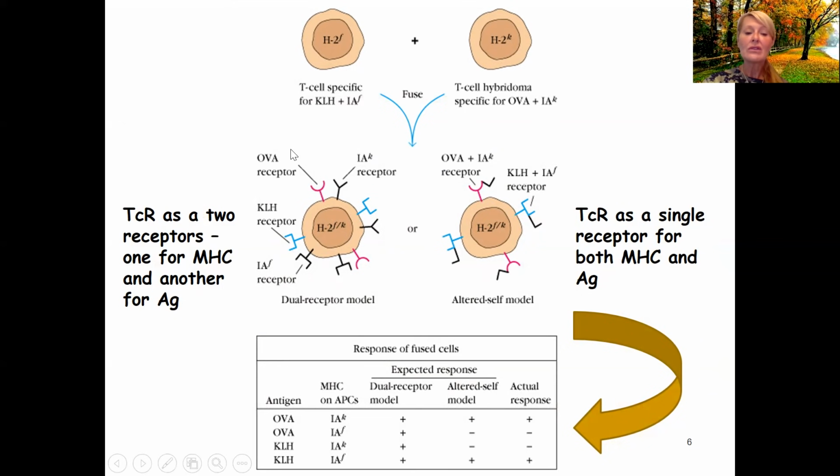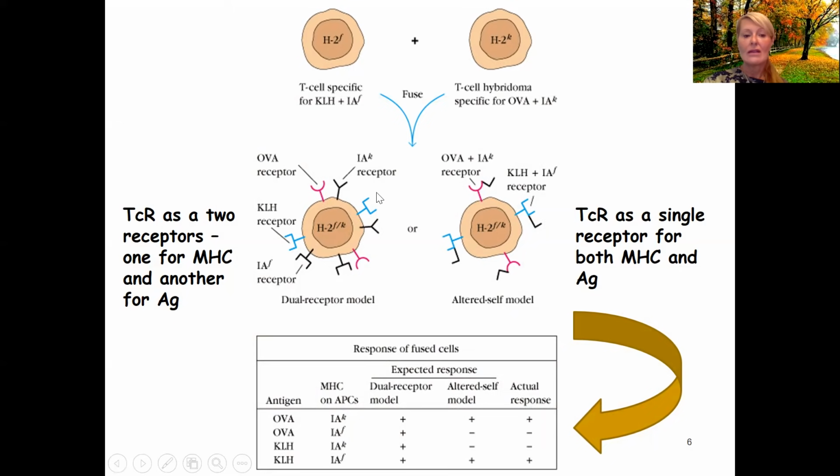So if it's two receptors, when you fuse this, you'd actually have 2, 4, 6, 8 molecules on the surface, because you'd have to have a receptor for the MHC, for OVA, the ovalbumin. You'd have to have a receptor for the MHC part, IA of K. You'd have to have another receptor for KLH, and you'd have to have another receptor for the IA of F.